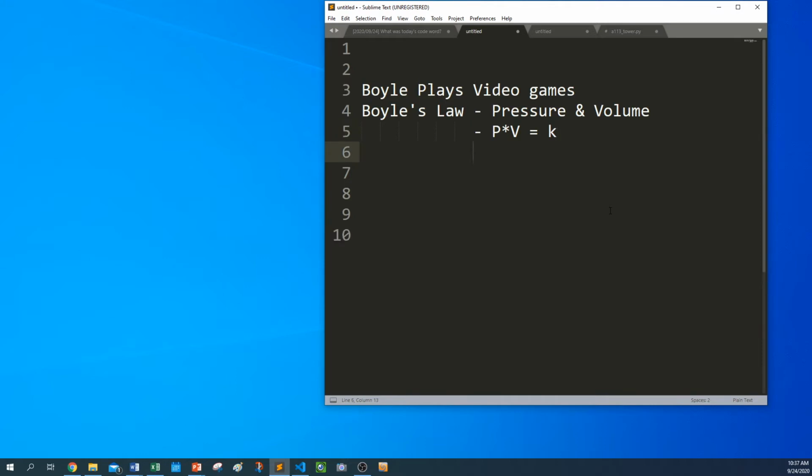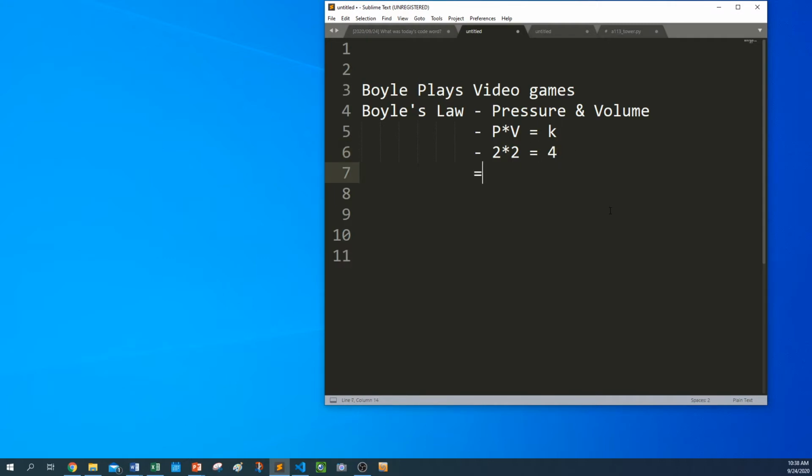If we look at P, let's plug in some numbers. Let's say that this constant is equal to 4, and let's say that pressure is 2. What would have to be volume? 2 times what equals 4? 2.